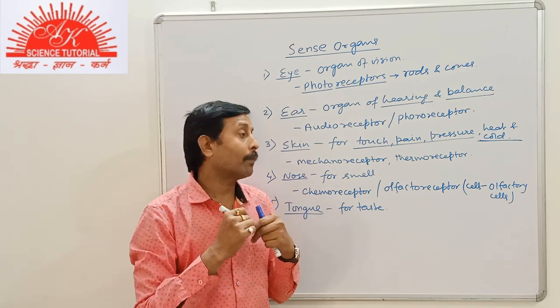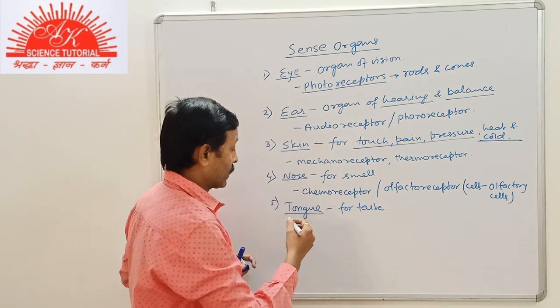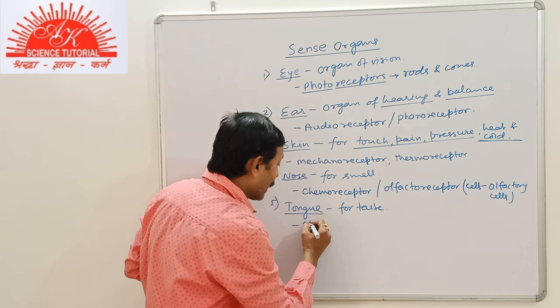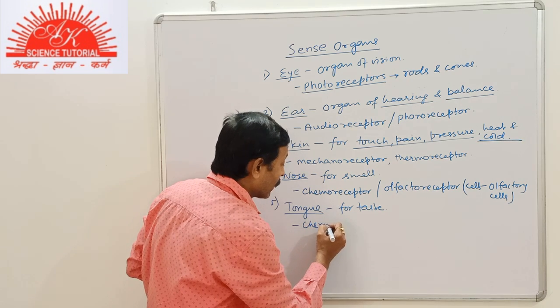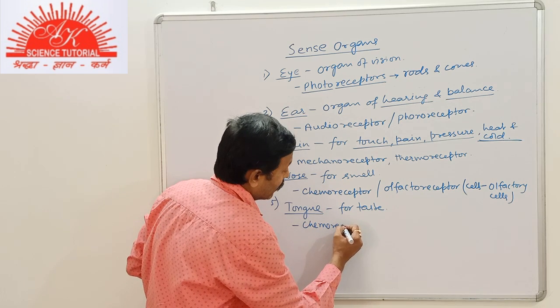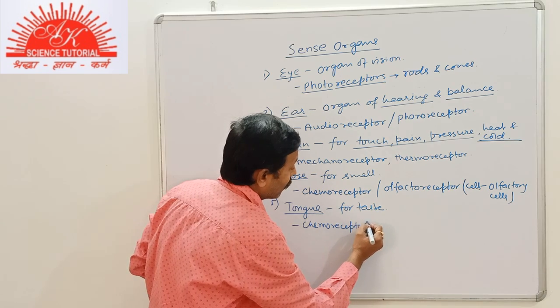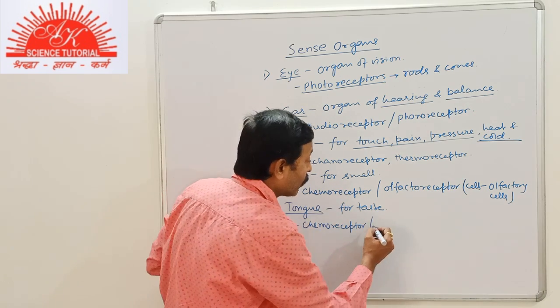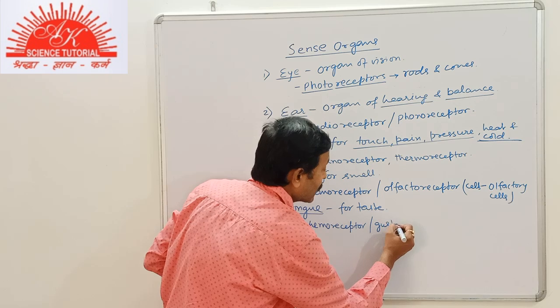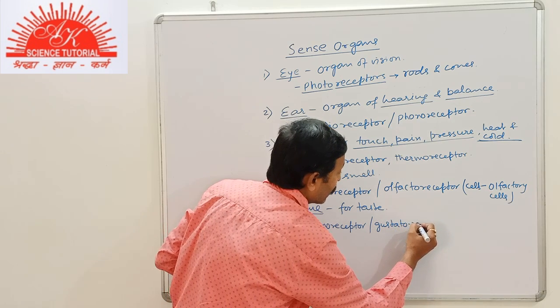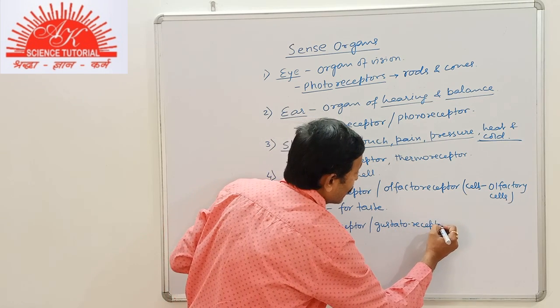There are small elevated portions called taste buds. Its cells are known as again chemoreceptor, or specifically here it is gustatoreceptor.